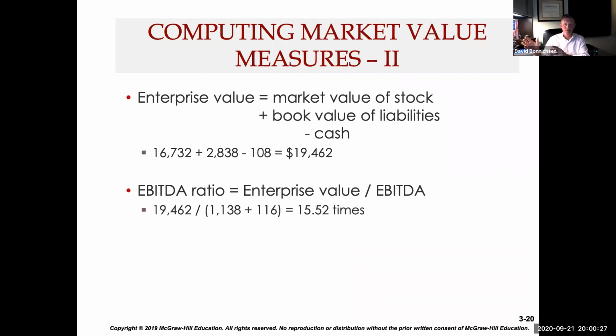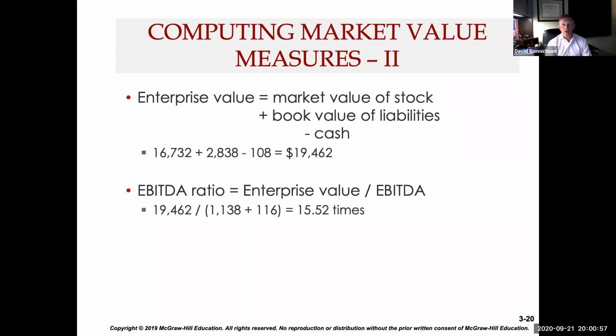So shares times stock price, adding in the book value of the liabilities and subtracting out the cash. That would give us the enterprise value for the business. So how much would you be willing to pay outright for this particular firm? Based upon the enterprise value, you'd be willing to pay $19,462 for the firm, okay? Based upon the market value and the book value of the liabilities and the cash.